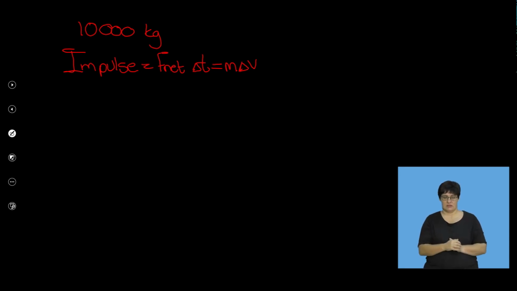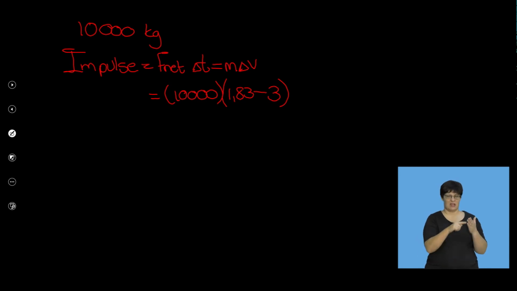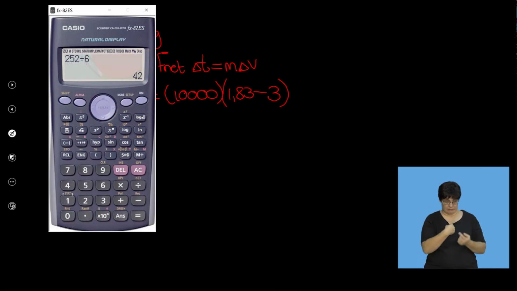The 10,000 kilogram truck. Final velocity was 1.83. Initial velocity was 3. Let's put this in our calculators. Definitely can't do this in my head.